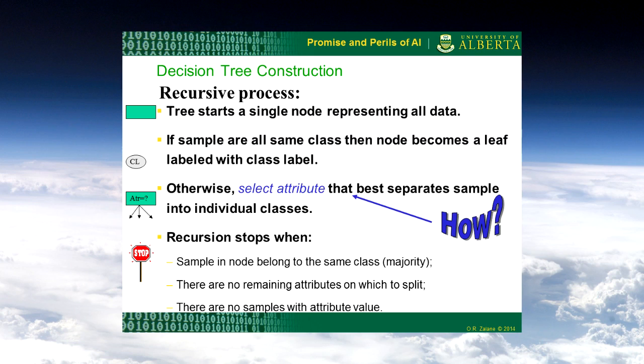And it's a recursive process. Basically, you take the data and you start splitting it, splitting it, splitting it, until all the data that is in a set belong to the same class. So each time you want to split it, you have to look at a particular attribute, a particular feature, and look at all the possible values.